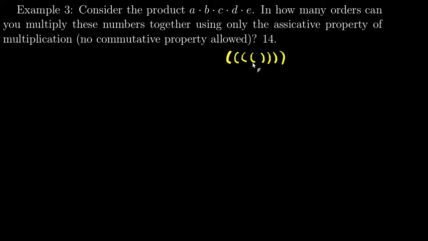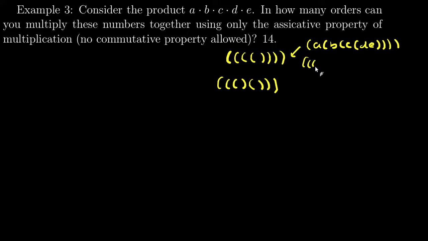Just for a case in point, if I try to say, okay, if I have this or I have this, and try to say that this is the way to arrange it, trying to do B4 based on this, there's more than one way to do these things. For instance, this could mean A times B times C times D times E, where DE is the first thing, then C, then B, then A.